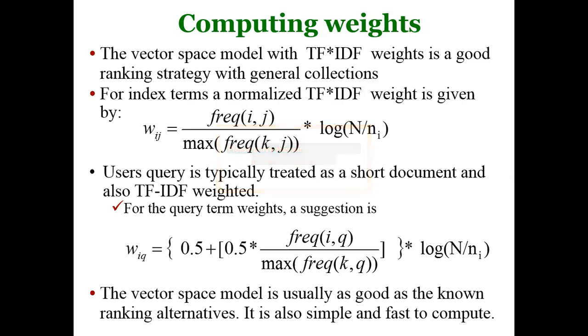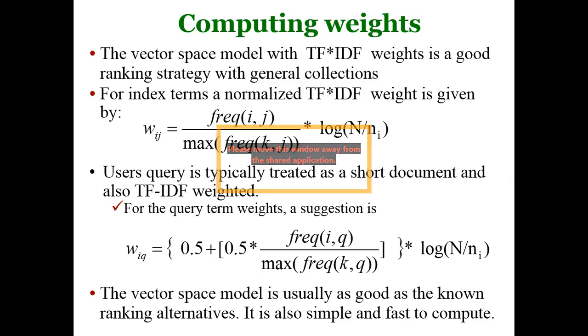Maybe in a given document J, a given term appears only 3 times, but the document may contain 27 words. What is the normalized term frequency? 3/27.